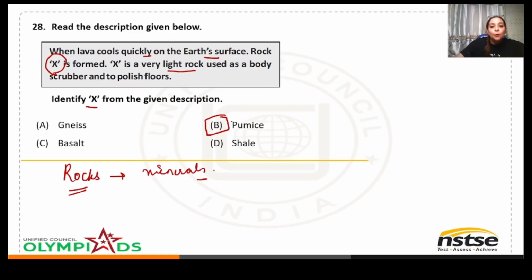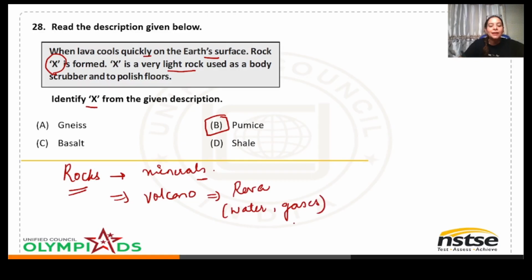Now, pumice rock is formed when a volcano occurs. When a volcano occurs, lava comes out. This lava contains a lot of water as well as a lot of gases.